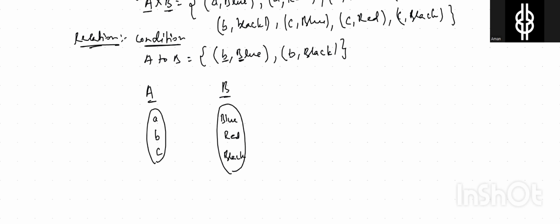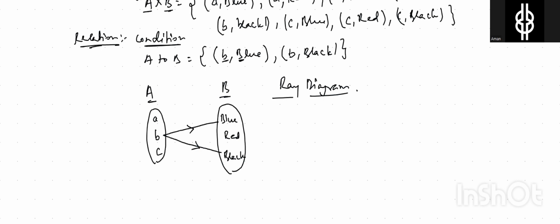Now, a ray diagram, as I was telling you, is nothing but a way of signifying the relation. Very simple thing. For example, A is not related to any element of B. A का किसी के साथ भी relation नहीं है, but B has a relation with blue and B is having a relation with black as well. ठीक है?